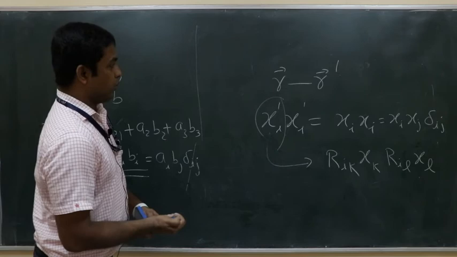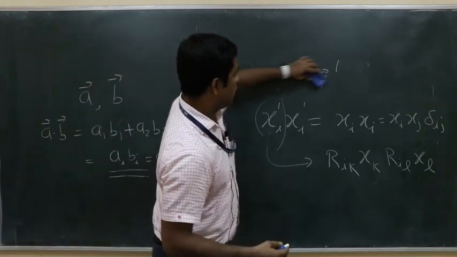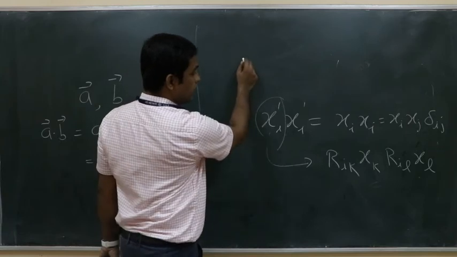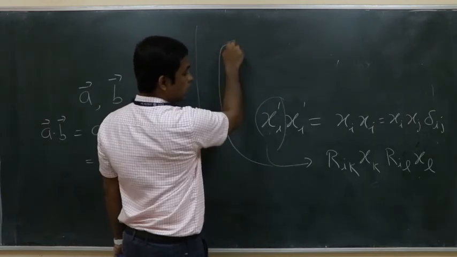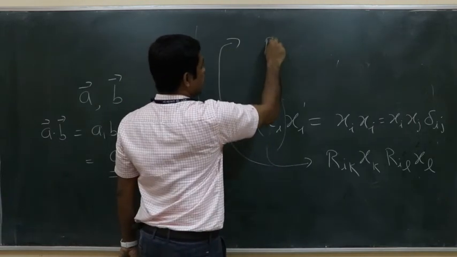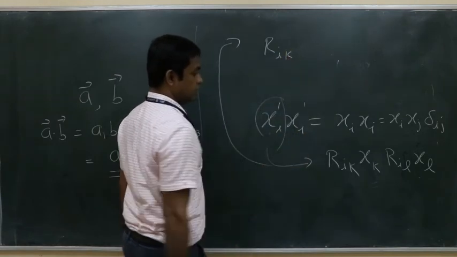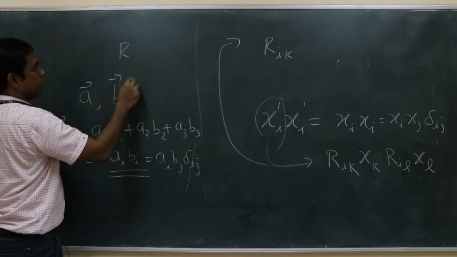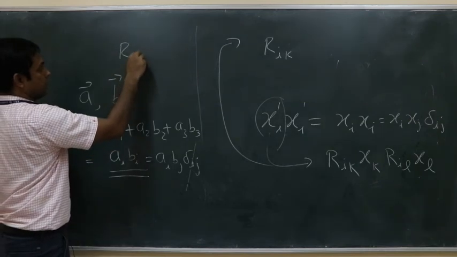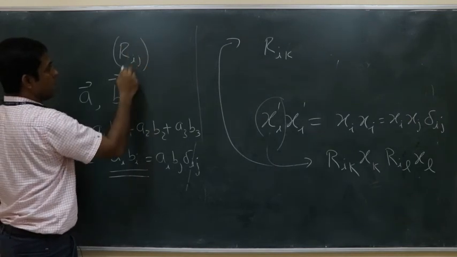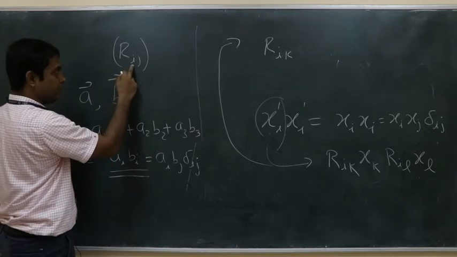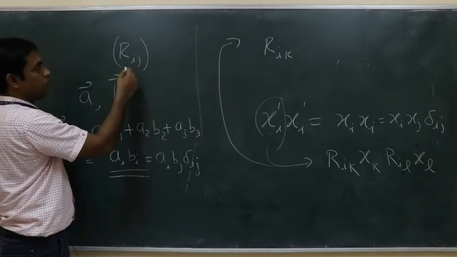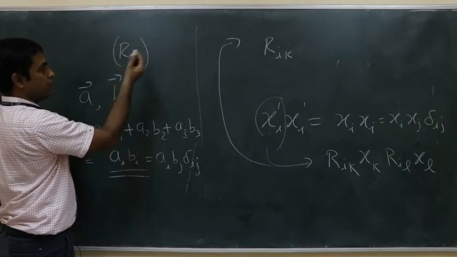Now what will you do? Let me come back to here. This one I am writing here. So I write Rik. Before that, let me ask you something. There is an Rij. What is the transpose? Rij is basically a matrix. If you closely look at this element, it represents a second rank tensor.